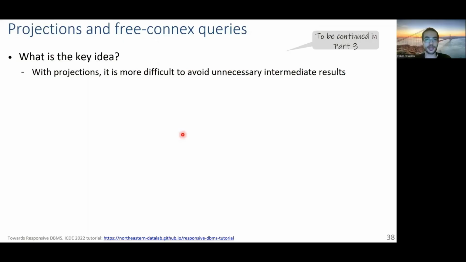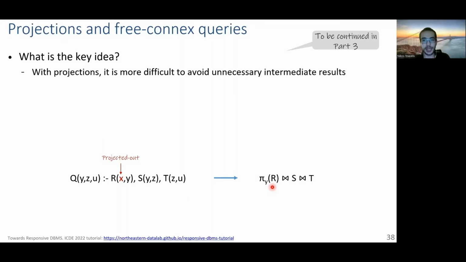Now let's look at projections. Projections can make things more difficult because when we project out a column, we can get many duplicate rows, and thus it can be even more difficult to avoid these unnecessary intermediate results. Let's look at an example query here, where we have XY, YZ, ZU, and we project out the column X. This projection is easy because we can apply it to the base table R before we do any of the joins.